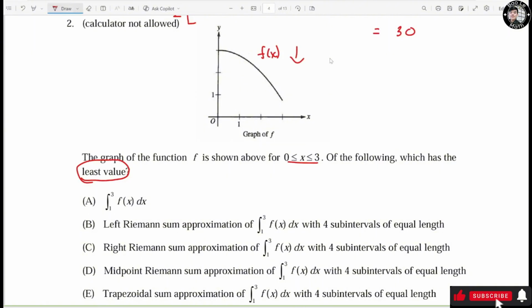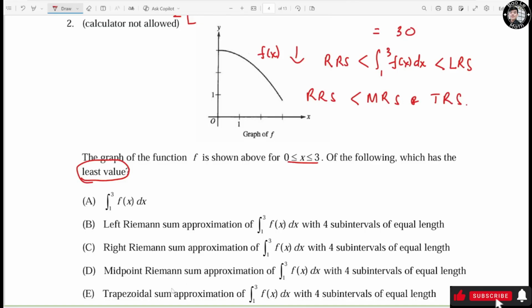So the right Riemann sum is less than the integral from 0 to 3 of f of x dx, which is less than the left Riemann sum. Now f(x) is decreasing and concave down. It tells us that the right Riemann sum is less than the midpoint Riemann sum and the trapezoidal sum. So the answer must be C.